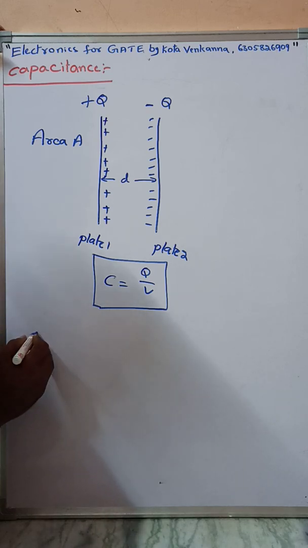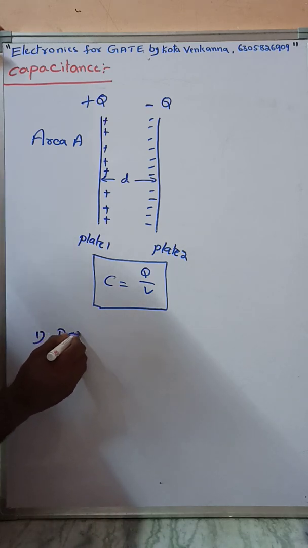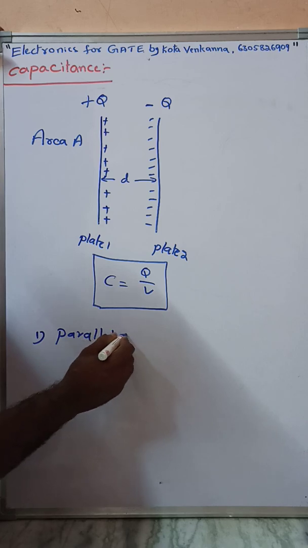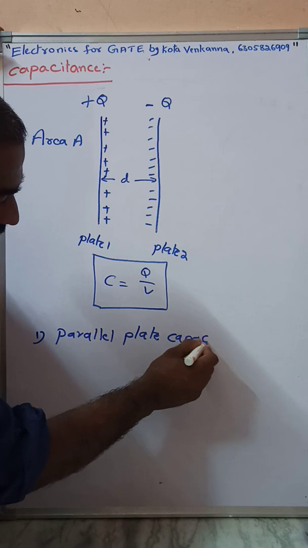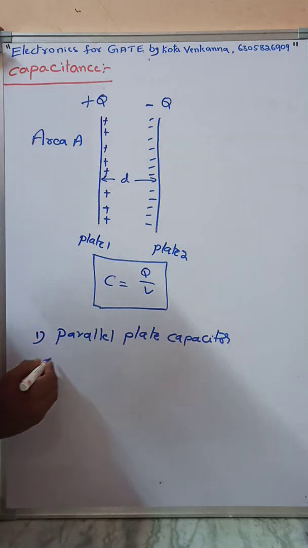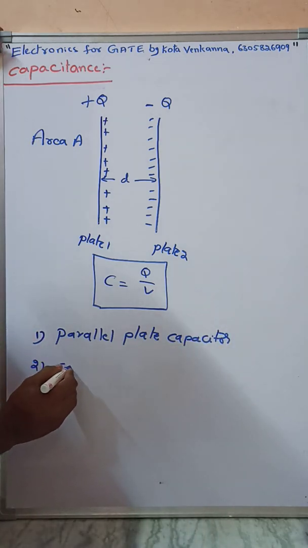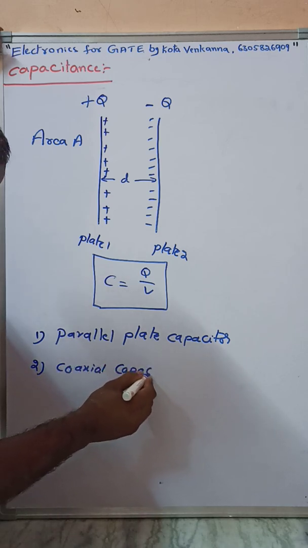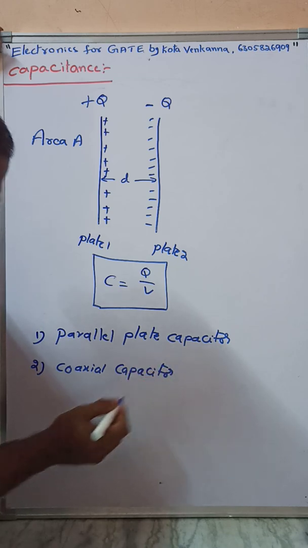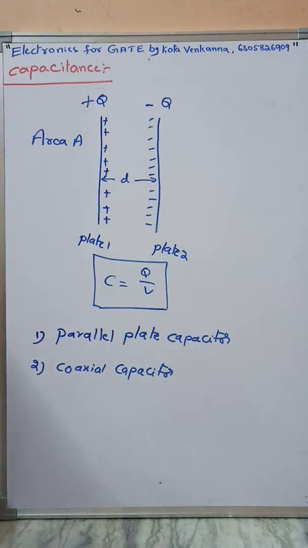The first one is the parallel plate capacitor, and the second one is the coaxial capacitor. We have to discuss these two topics.